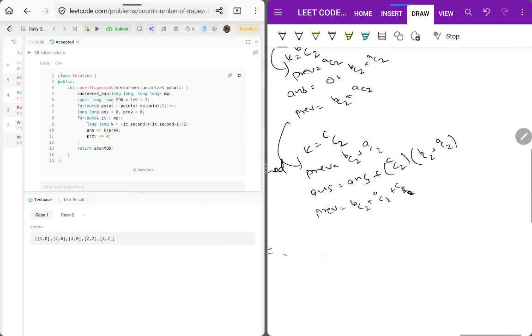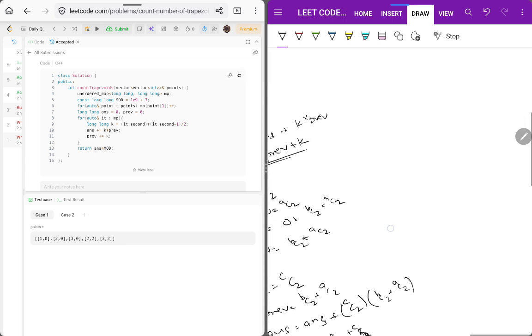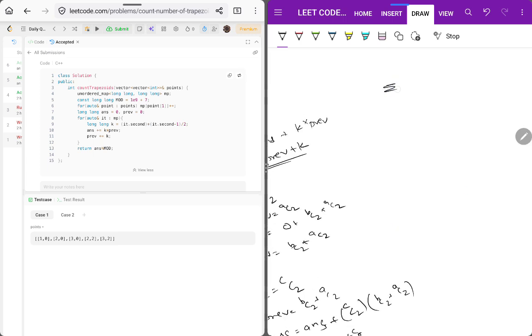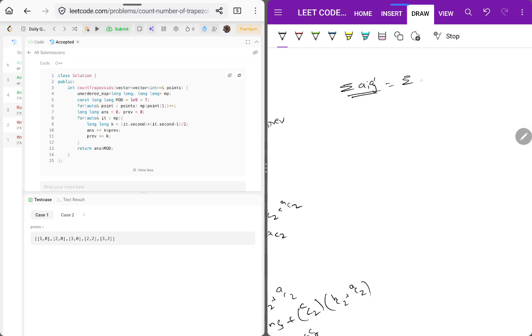One more way you can approach this is as summation of ai into summation of aj, and the formula for this in combinatorics will be summation of ai square by 2.